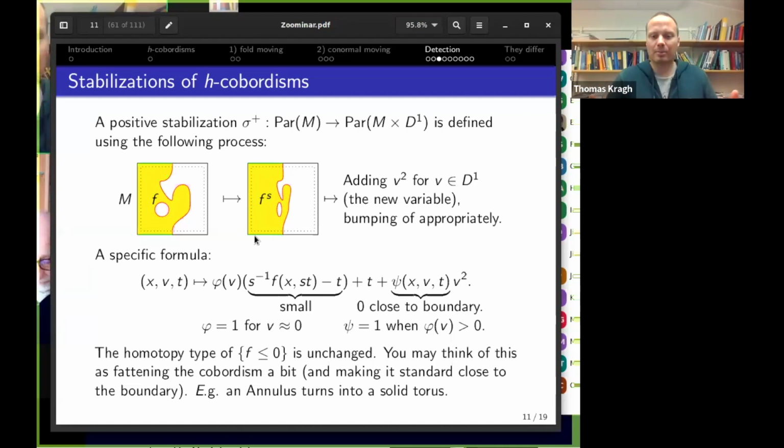In fact, if you did this stabilization to an annulus, you get a solid torus. So if there was a component out here that just looked like an annulus, it would turn into a solid torus.